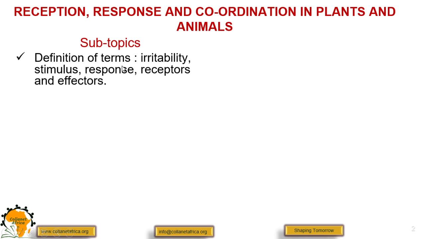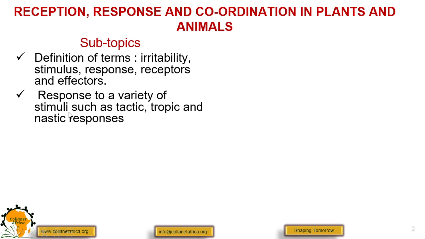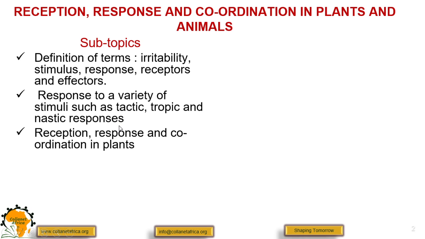Definition of terms like irritability, stimulus, response, receptors, and effectors, among other terms. We shall also discuss the response to a variety of stimuli like tactic responses, tropic responses, and also nastic responses.